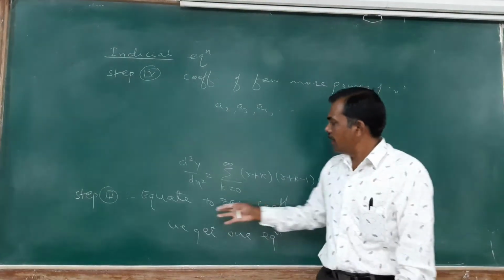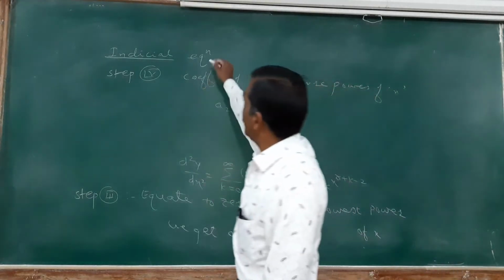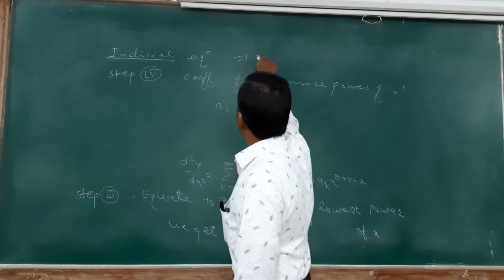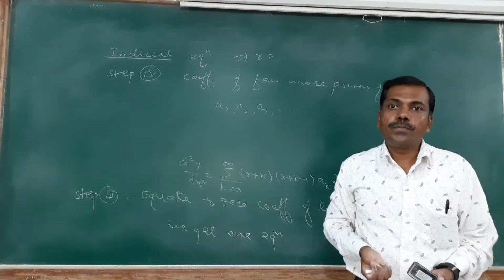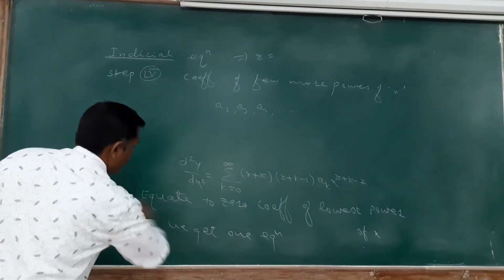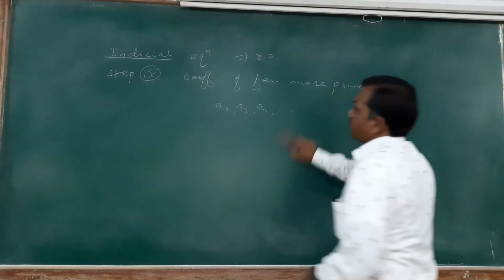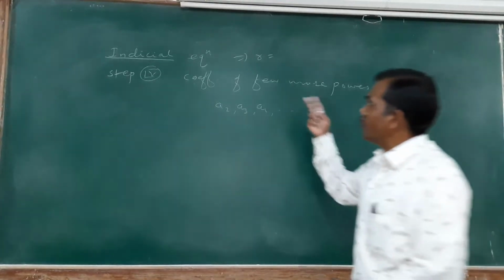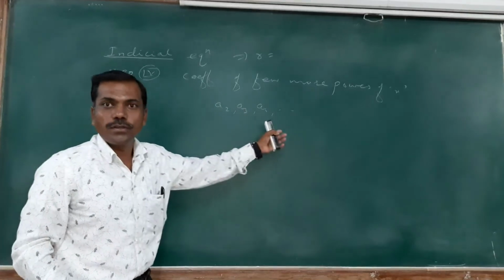And in the indicial equation we get the values of r. There are two values of r, meaning the indicial equation has two roots, because we are going to take a second order equation. So just continue this. This is our step 4 to find constants.